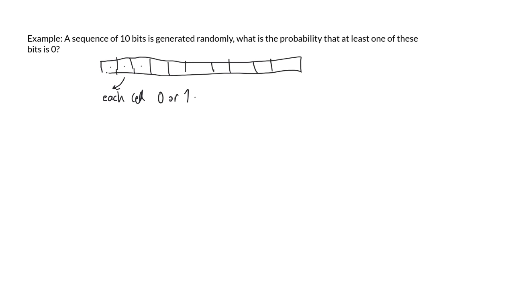This means either a computer generates random numbers, or for instance, we can flip a coin 10 times and record the outcome, and we assign 0 to be tails and 1 to be heads.